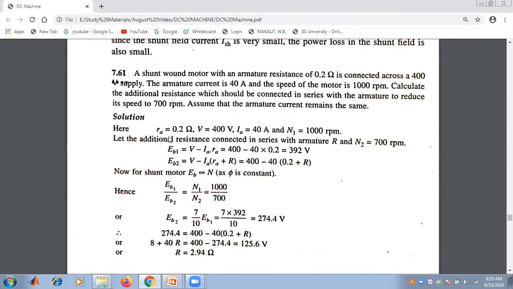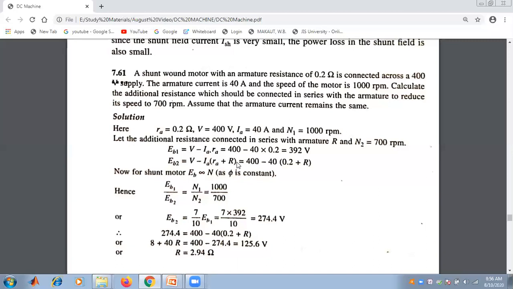The RA value is 0.2 ohm, which is given. V is 400, IA is 40 ampere, and N1 is 1000 rpm. The additional resistance connected in series is R. We have to find the value of this R.